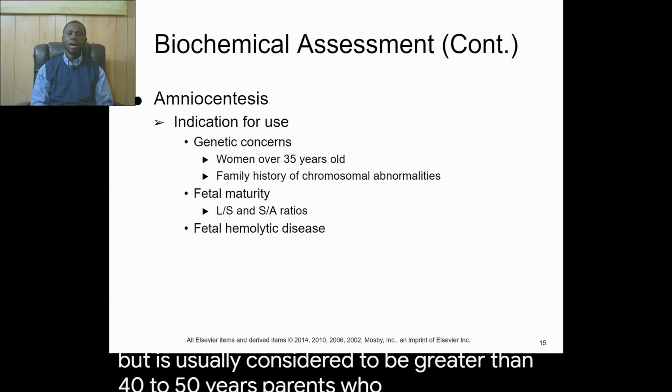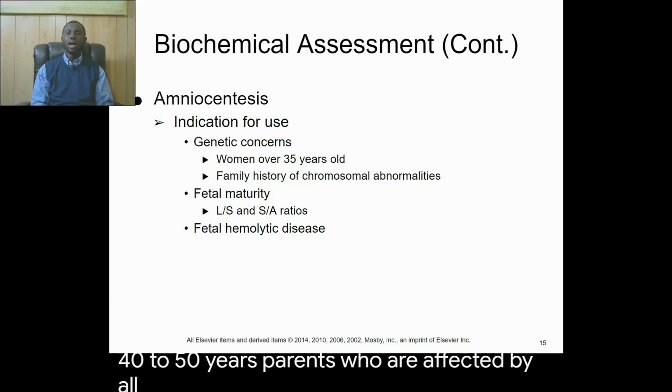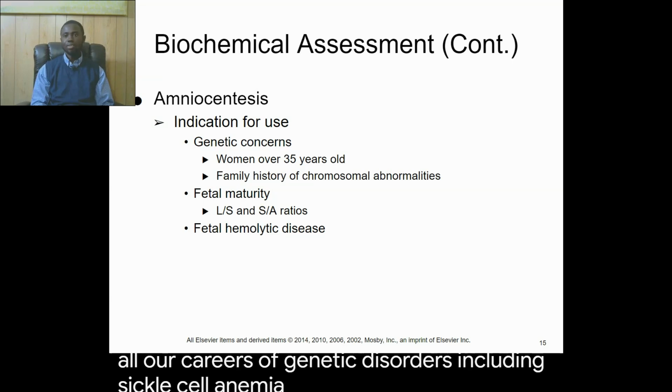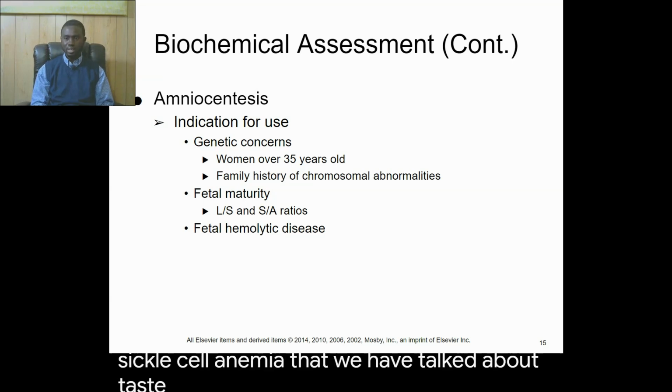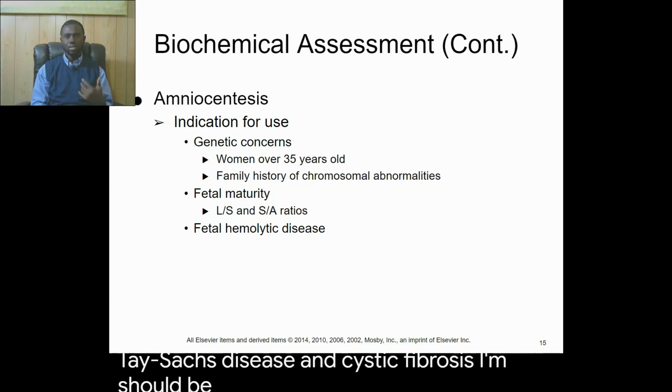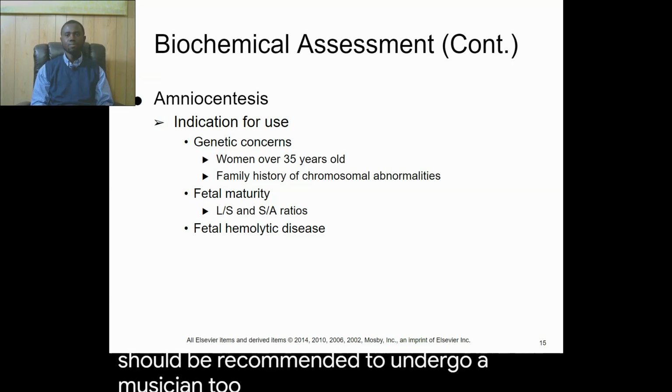Parents who are affected by or are carriers of genetic disorders including sickle cell anemia that we have talked about, Tay-Sachs disease, and cystic fibrosis should be recommended to undergo amniocentesis.